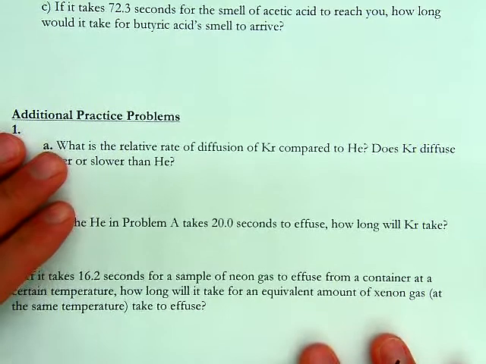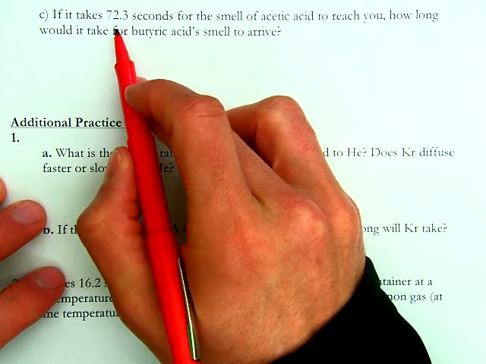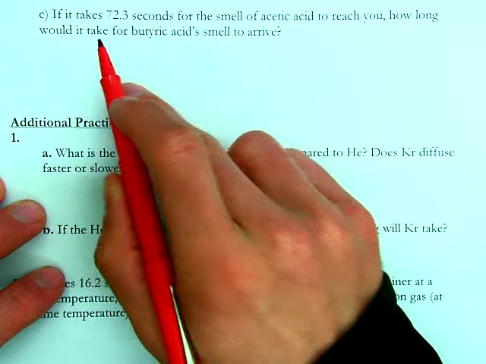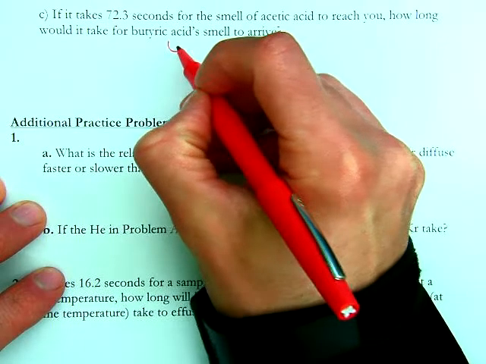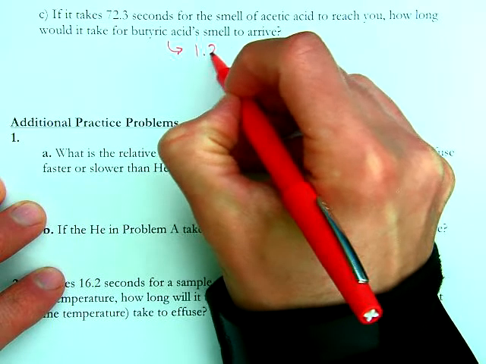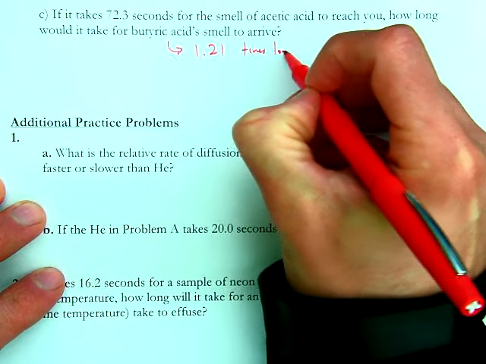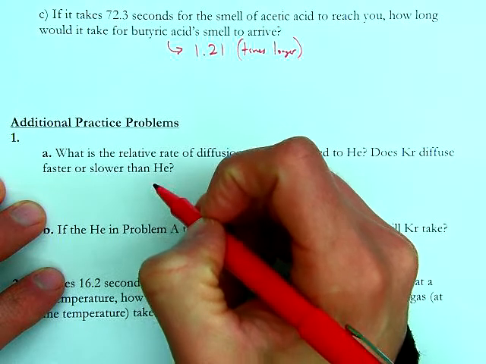It says, if it takes 72.3 seconds for the smell of acetic acid to reach you, how long would it take for butyric acid smell to arrive? And we just realized that butyric acid will take approximately 1.21 times longer to arrive because it's the heavier molecule, so it'll be moving more slowly.